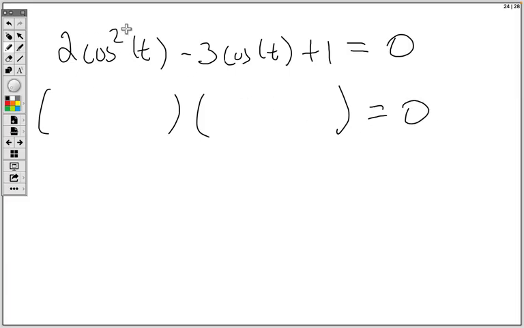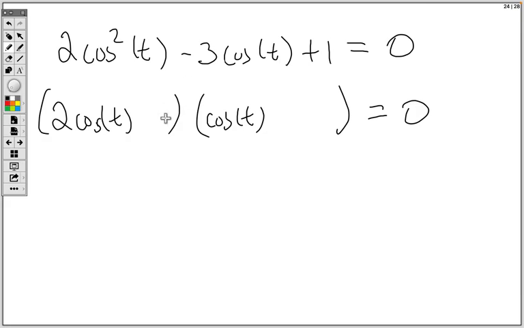So I need factors of 2 cosine squared t that are going to multiply to give me 2 cosine squared t. So one of the factors will have a 2 cosine in it if it's going to factor nicely. The other will have a factor of cosine t. And now I need factors of 1 that are going to somehow combine with these to get me to a negative 3.